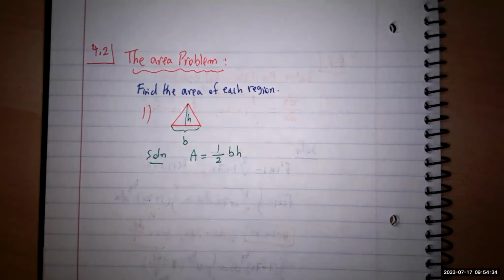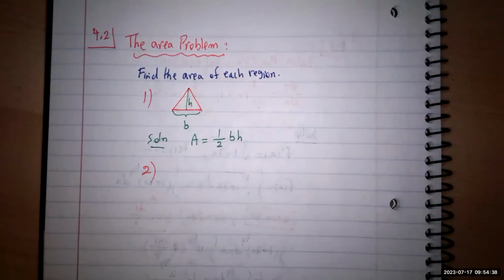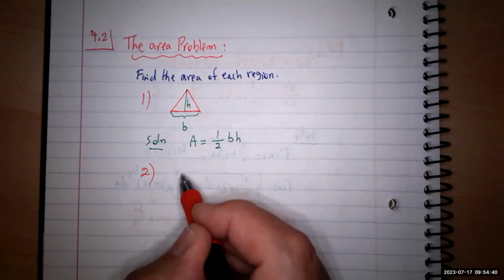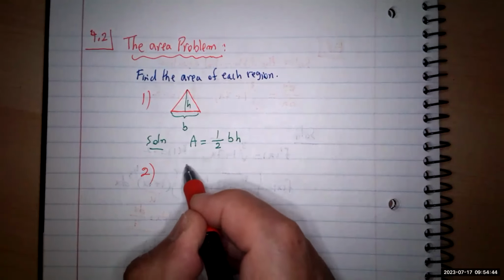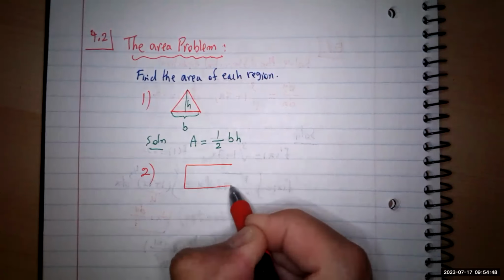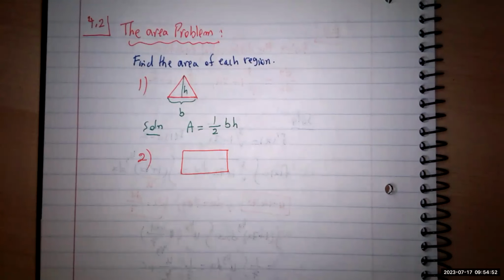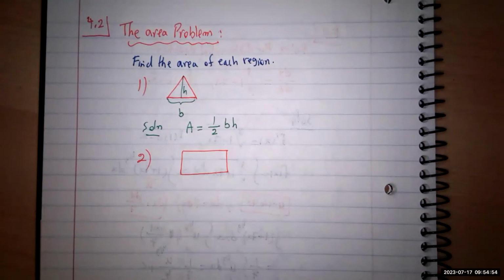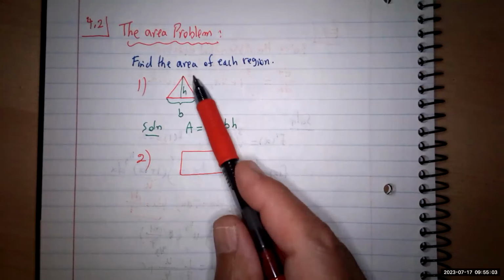What's the second one? The second one is, suppose you want to find the area of a rectangle. We know there is a formula for this one. But the way we would like to do it is, suppose you know how to find the area of a triangle.